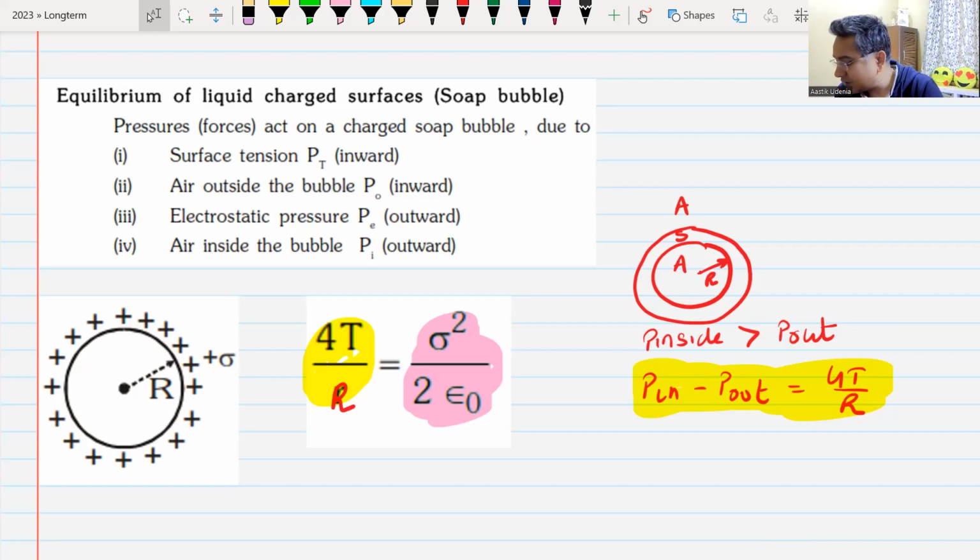So Saturday your electrostatics will conclude, and on Sunday we will start with capacitance and electric current, and see how fast we can complete this. In the next class, we'll try to wind up everything that is remaining of this particular thing.